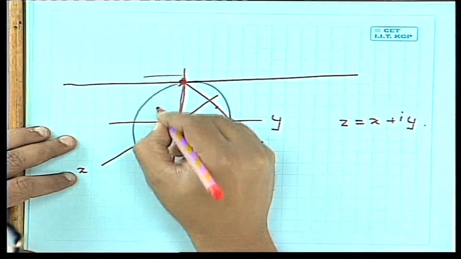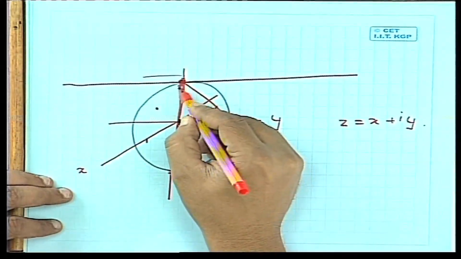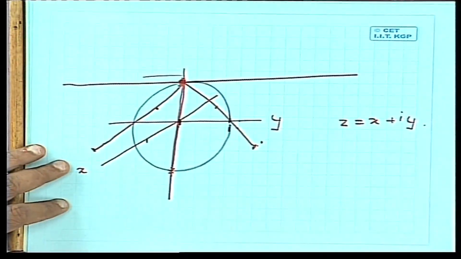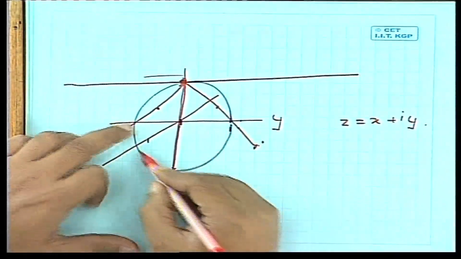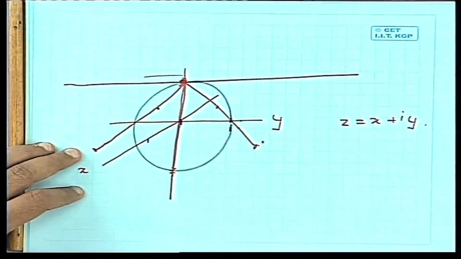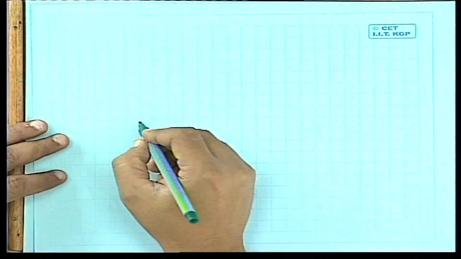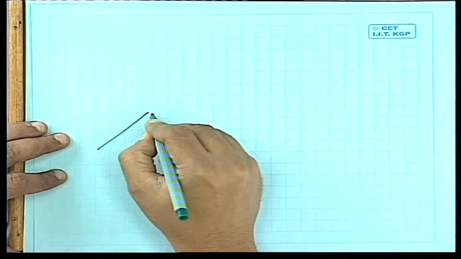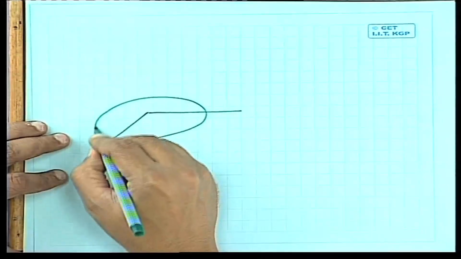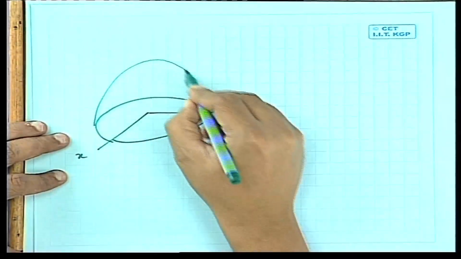And let us say this point over here. If I want to find out which point on the plane this point represents, I can just extend this and I will get this here. So the whole of the southern hemisphere represents things which lie within the unit circle. That is quite obvious, because this is the unit circle in the xy plane, and let us look at the sphere.